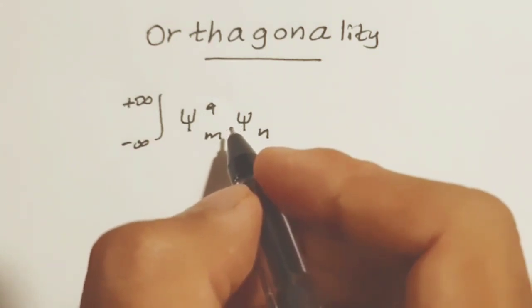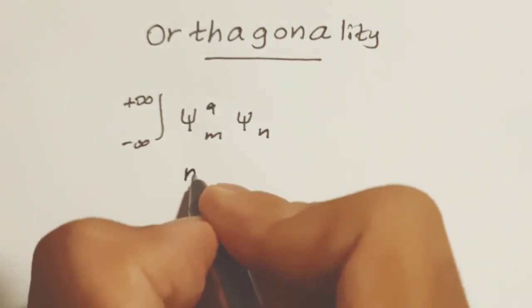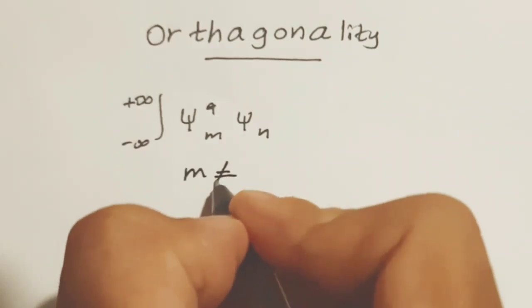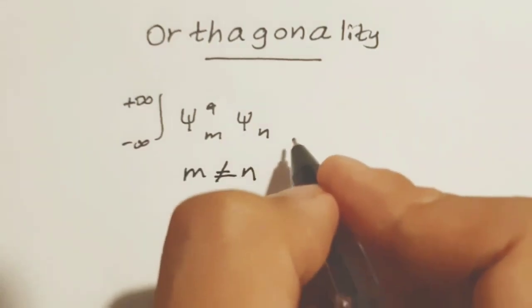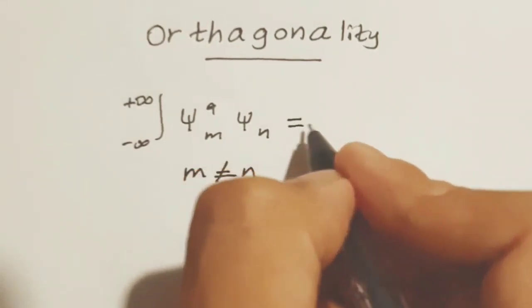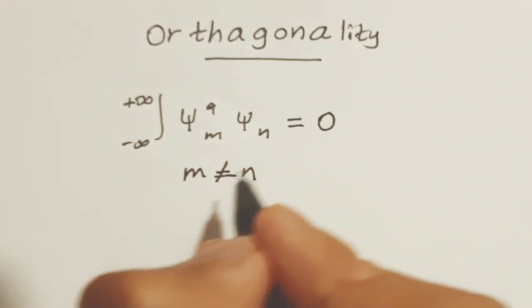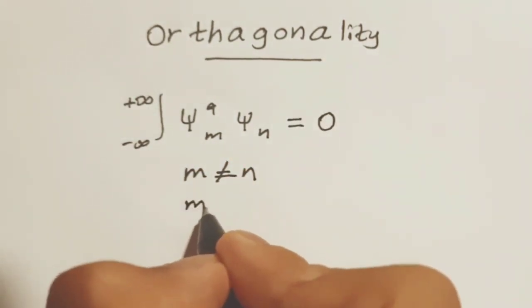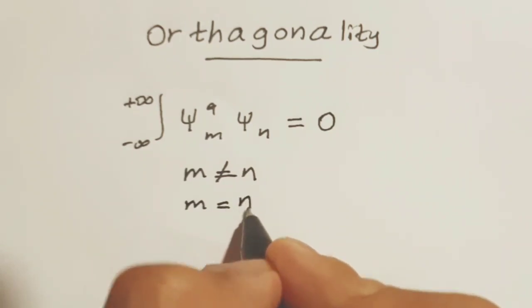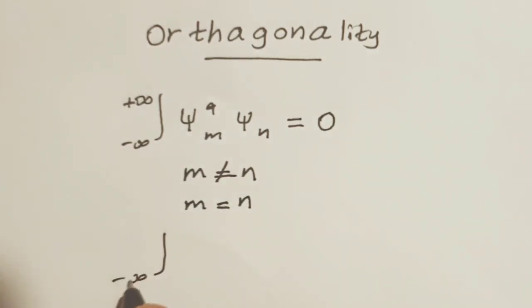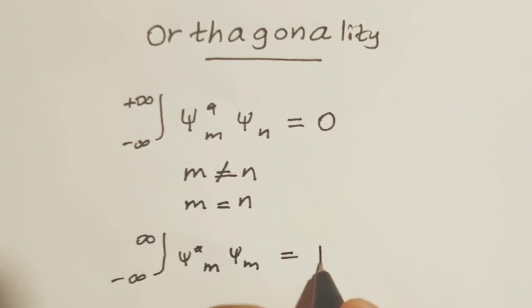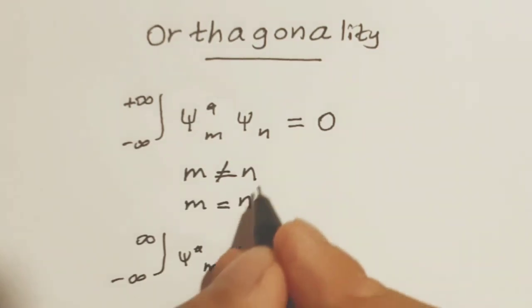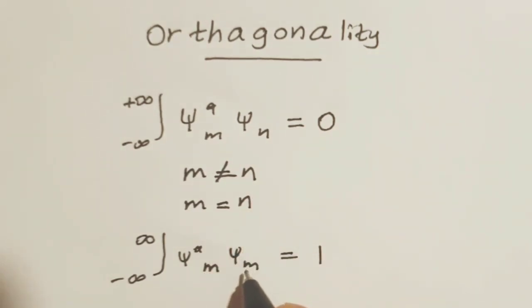So in the orthogonality condition, we can state that m is not equal to n. So in this situation, this is equal to 0. But when m equals n, the integral of the wave function and its complex conjugate from minus infinity to plus infinity becomes equal to 1, because the n term which was here becomes equal to m.